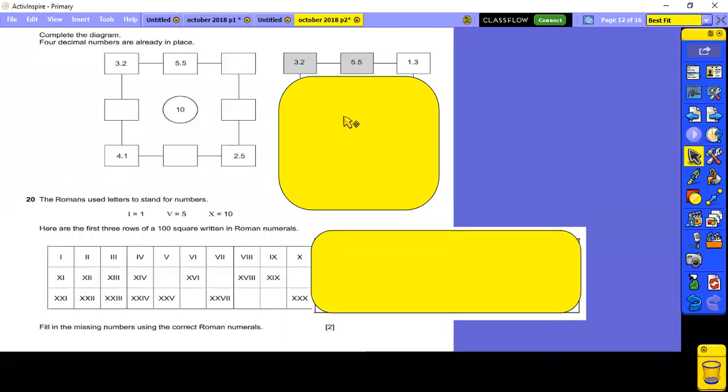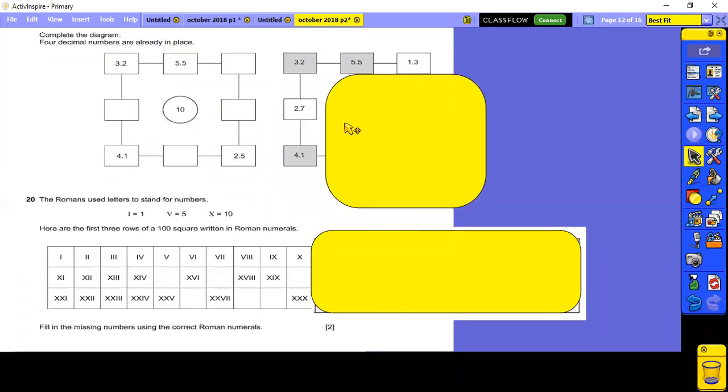Lower left. Which one? This one. I can't see it. Miss, I gave you the answer. Give me the rest, please. 2.5, and 4.1 plus 3.4.